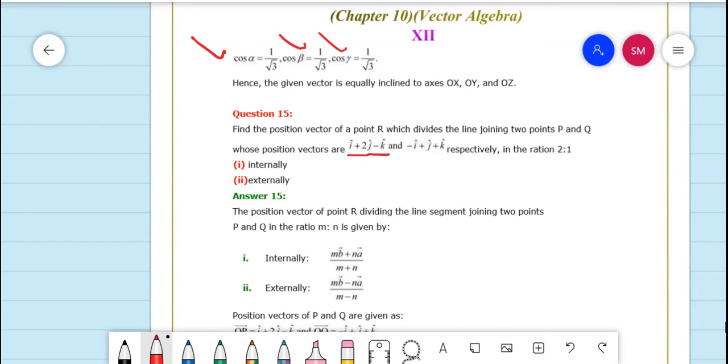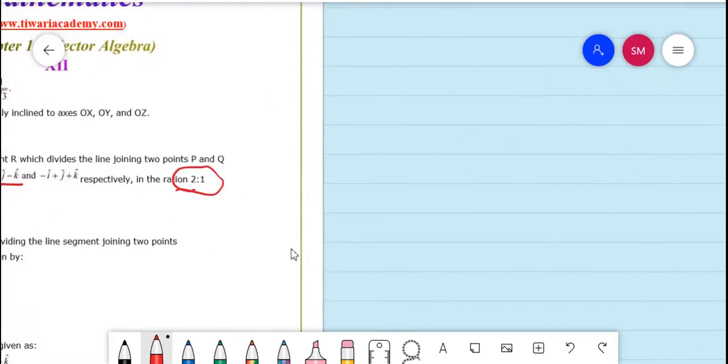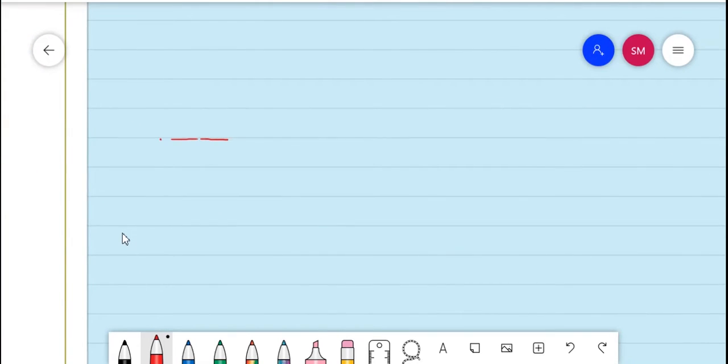We have the position vector of P as i + 2j - k, and the position vector of Q as -i + j + k. Now point R is dividing in two ways, internally and externally, in the ratio 2:1. Now make it very easy. You just use that old diagram, P, Q, point R over here.